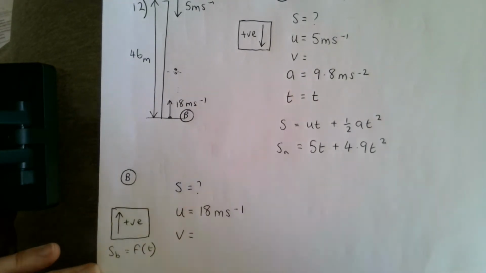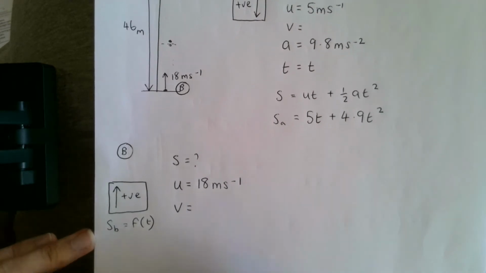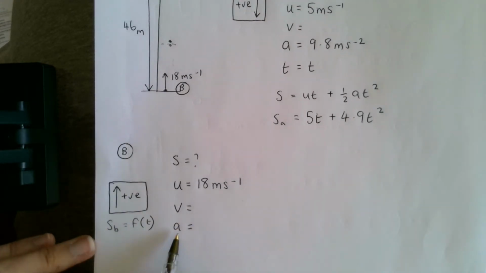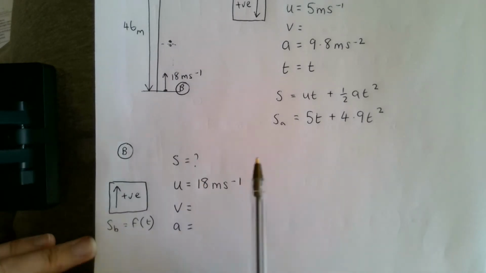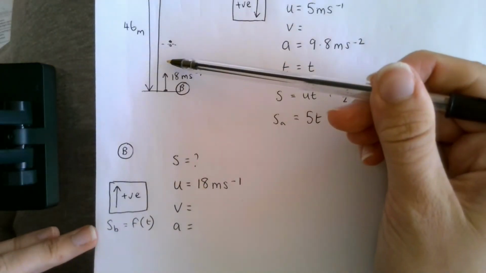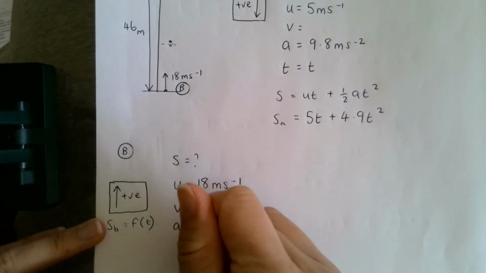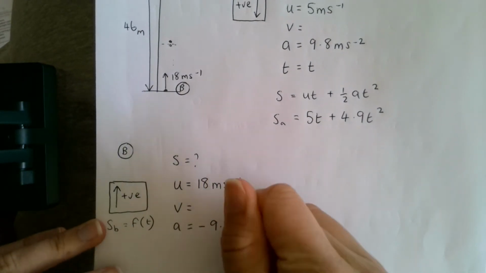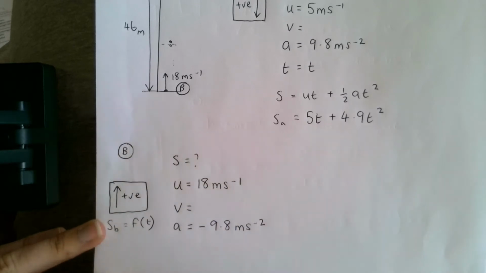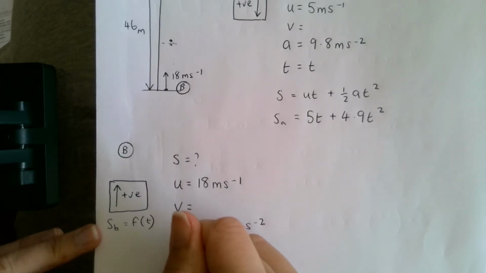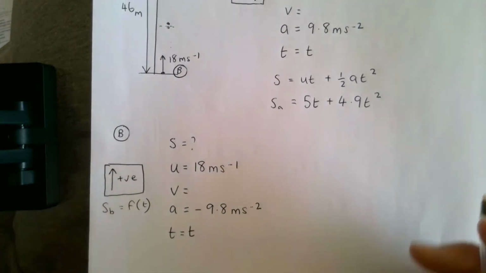I don't know the final velocity of B, don't really care. The acceleration of B, well, we're still talking about acceleration due to gravity. We've got vertical motion. However, the acceleration due to gravity is downwards, and we've taken positive as being upwards, so the acceleration must be negative 9.8 meters per second squared. And again, t is equal to the letter t.